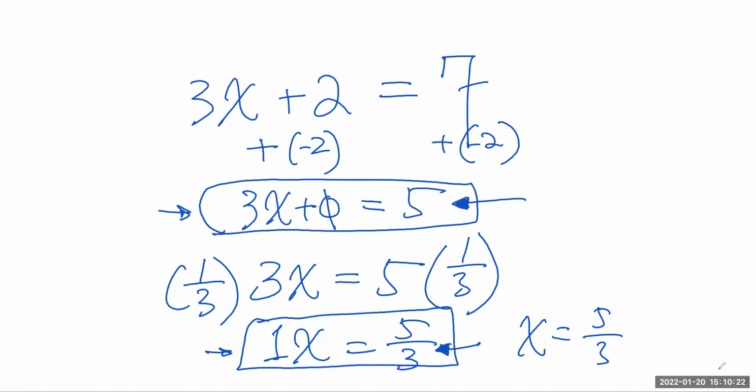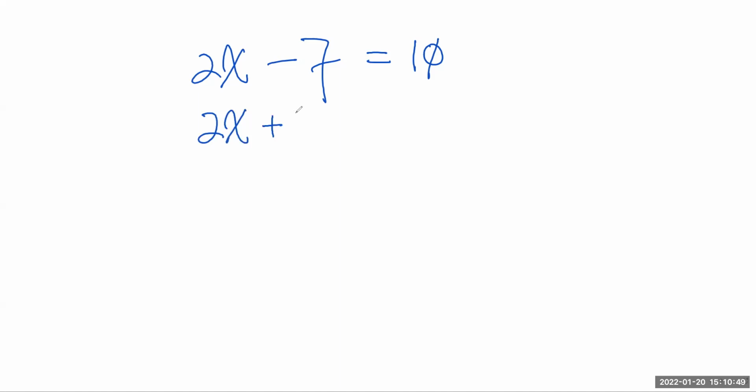Okay, so I'm going to show you a couple more, and then we're going to come up with a formula. Okay. So let's say 2x minus 7 equal to 10. So -7 in algebra is the same as plus -7.